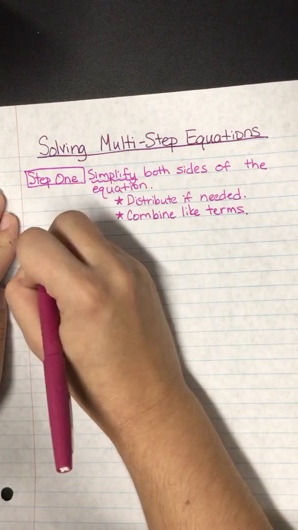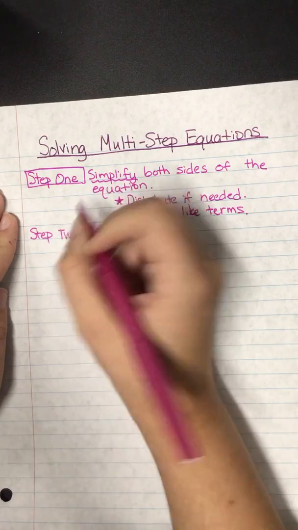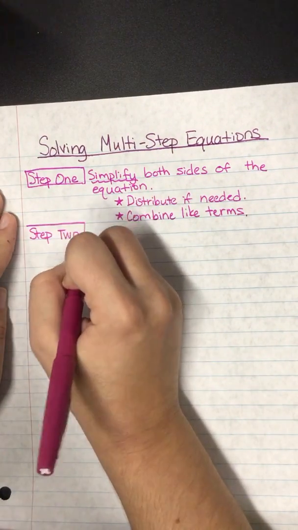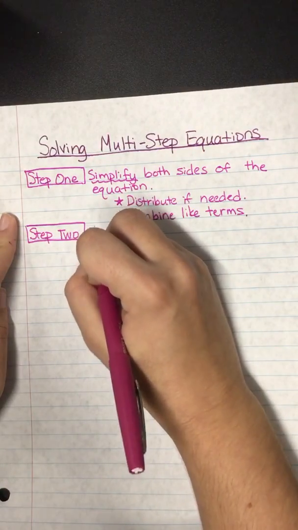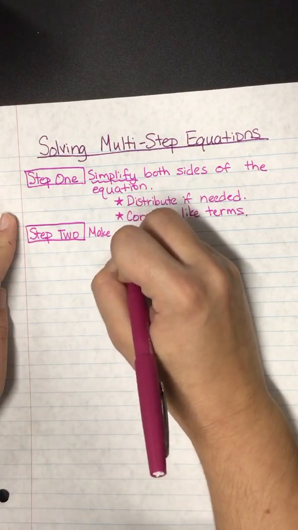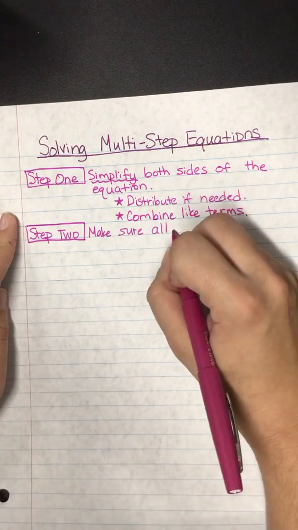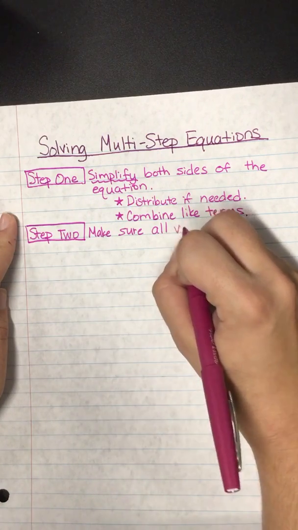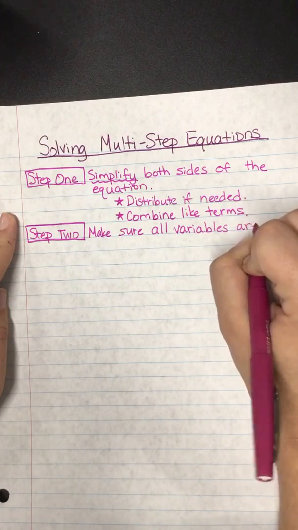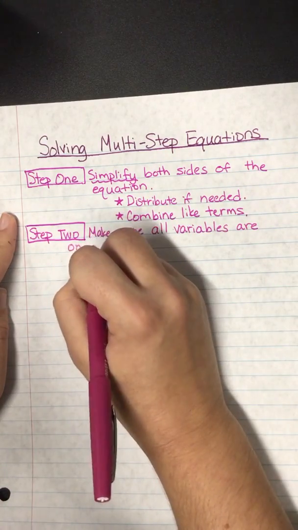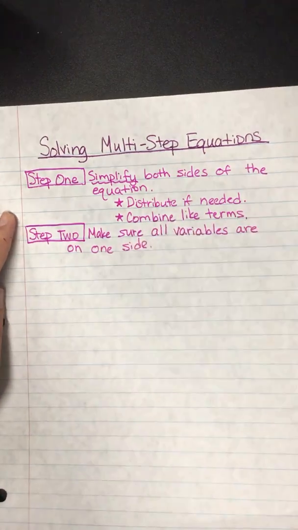Then, we're going to make sure all variables are on one side of the equation.